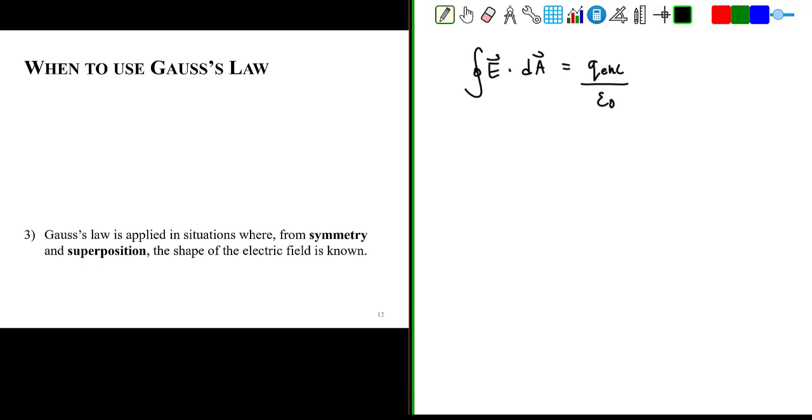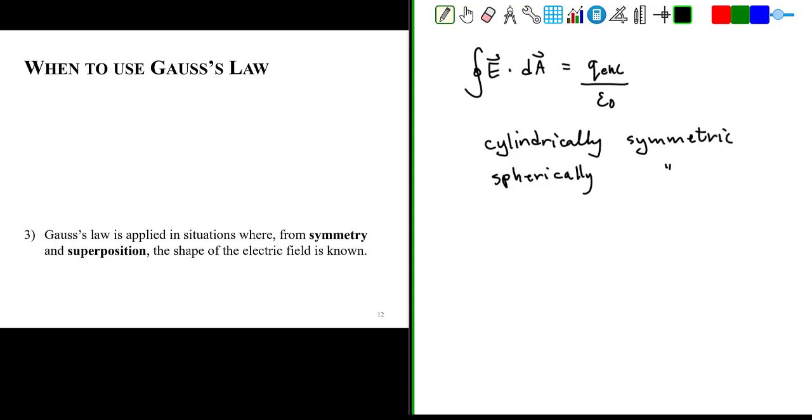So for us, whenever we see an electric field that is cylindrically symmetric, we should consider using Gauss's law. Whenever we see an electric field that is spherically symmetric, we should consider using Gauss's law.